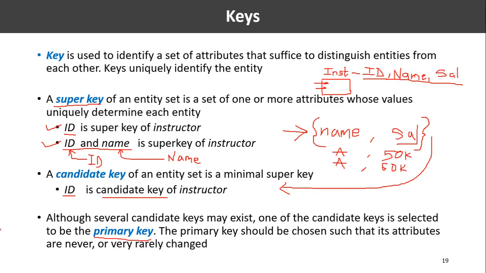So if I have two candidate keys identified for this instructor entity set, those candidate keys are ID and name, salary. Even though we have these two candidate keys, we will prefer to use ID as the primary key for this instructor entity set, and the reason is ID is typically unique for a particular instructor, right?